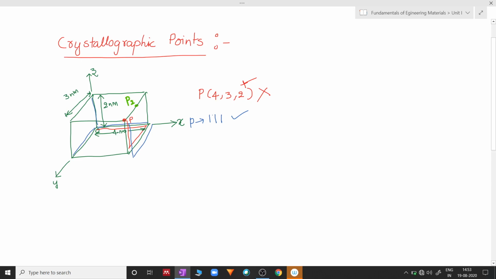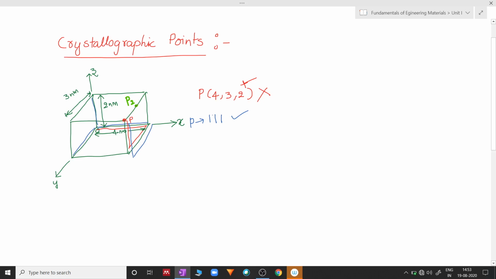If this P2 is at the position that is half of this length, means P2 is in the y direction at 1.5 nanometers, half of this edge. It is at half the length of this edge.